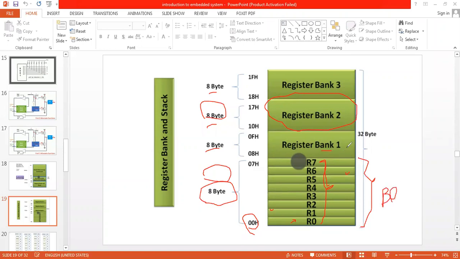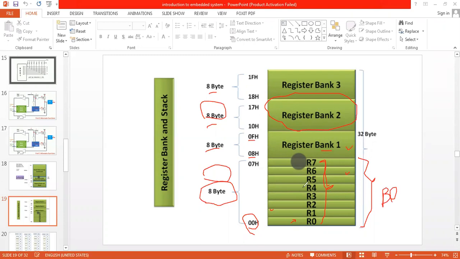Bank 0, bank 1. Here also all these R0 to R7 are repeated, but the memory address is different: 08 to 0F, that is 08, 09, 0A, 0B, 0C, 0D, 0E and 0F.